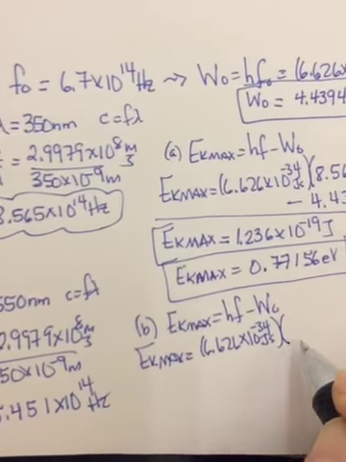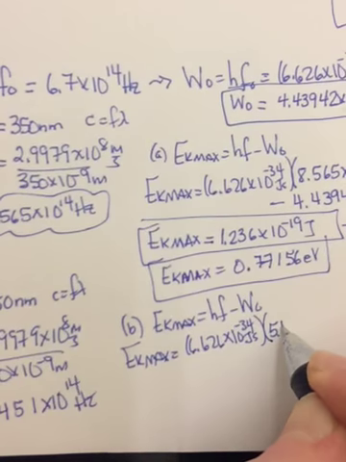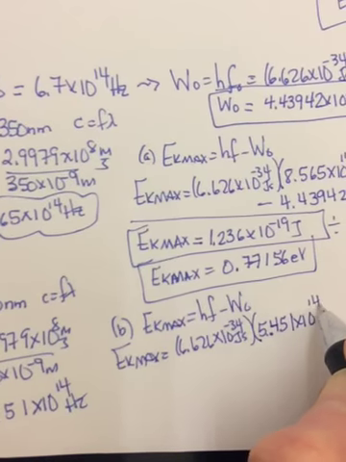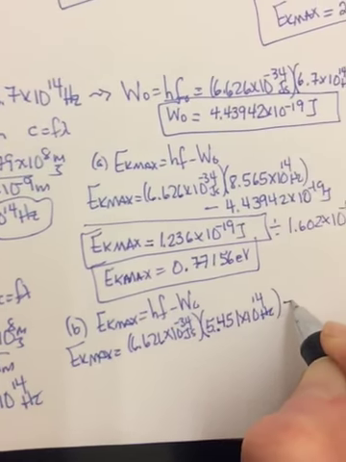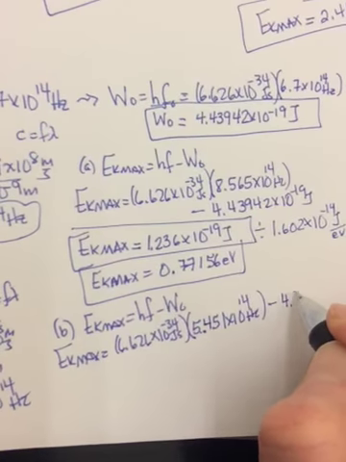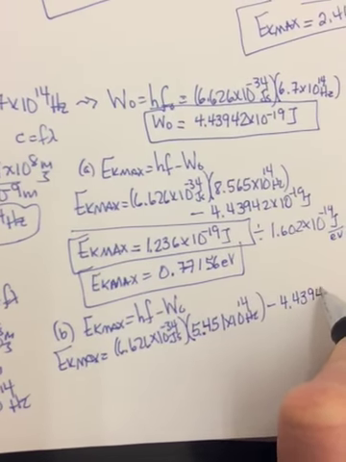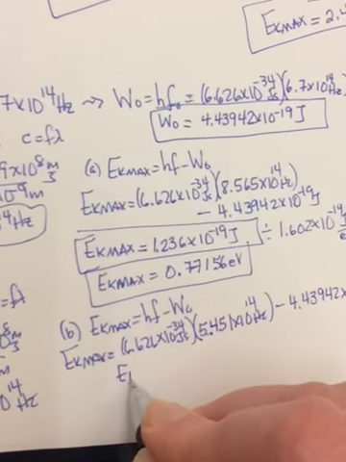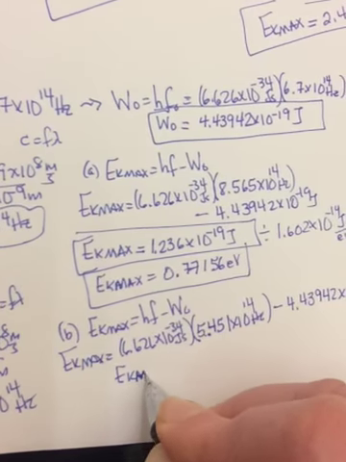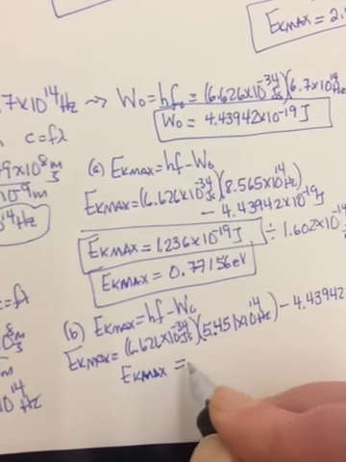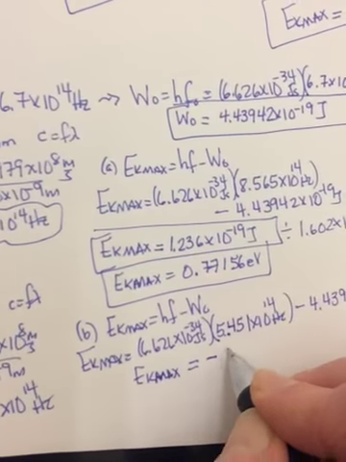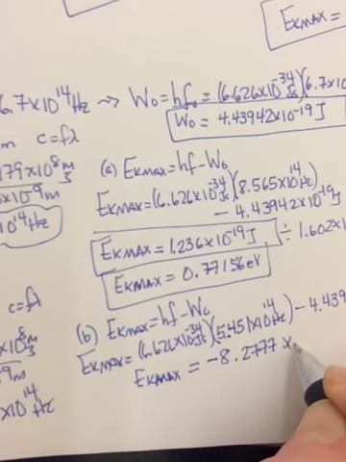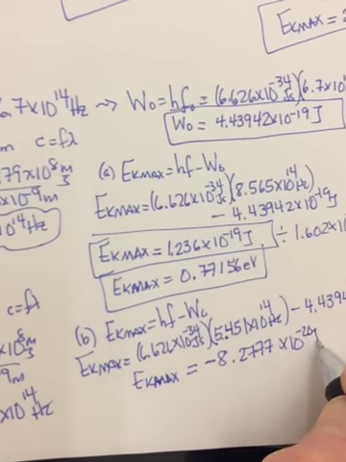F this time is 5.451 times 10 to the 14th hertz minus your WO is the same one, 4.43942 to the negative 19 joules, and you will get an EK max of negative 8.2777 times 10 to the negative 20 joules.